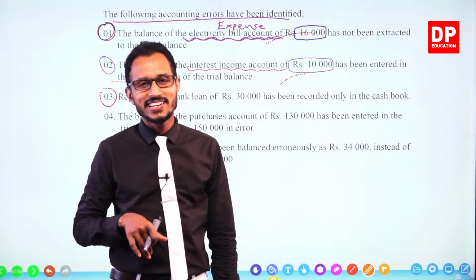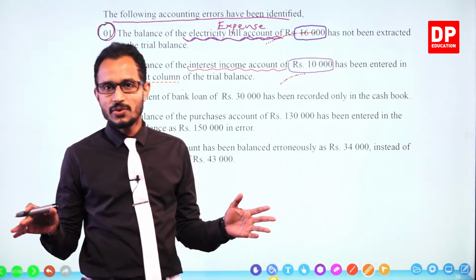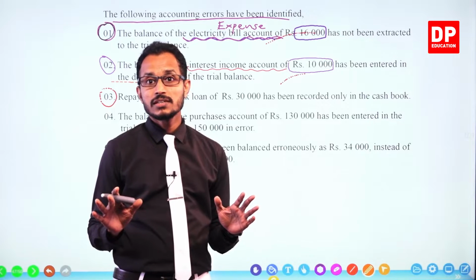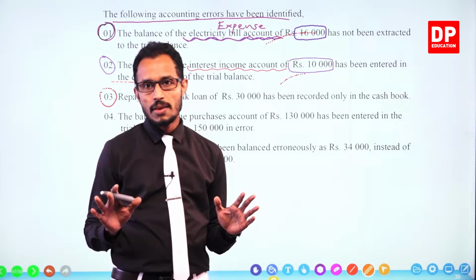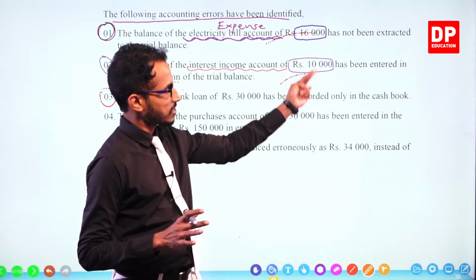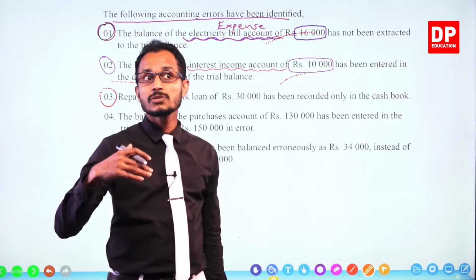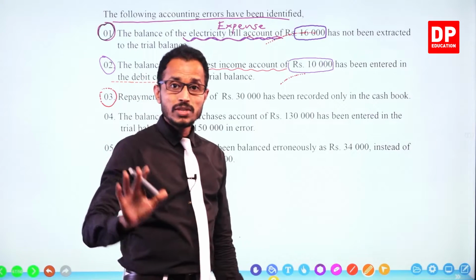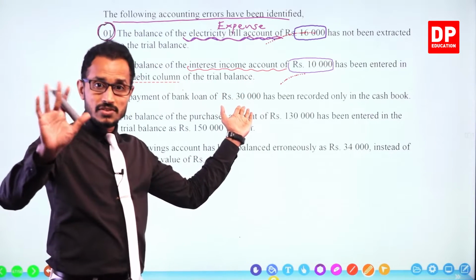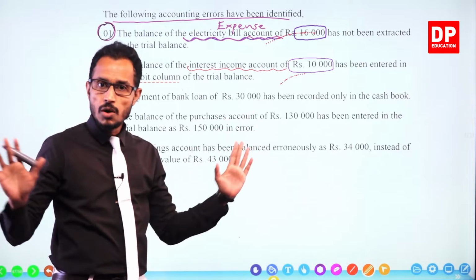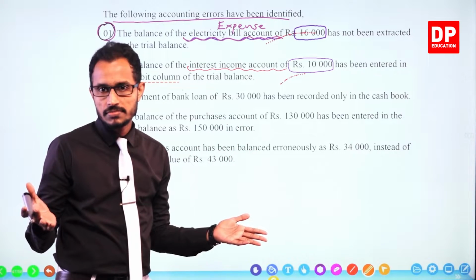Don't worry about it. Okay, you can mention the double entry, but without writing the word trial balance. I'm talking about these errors, the first two errors which have occurred in the trial balance. Now the third one has not occurred in the trial balance. It has occurred in the ledger accounts. So no worries, there is a double entry.